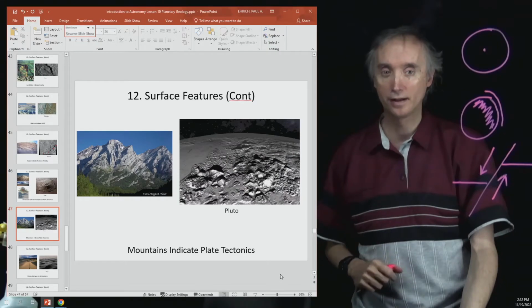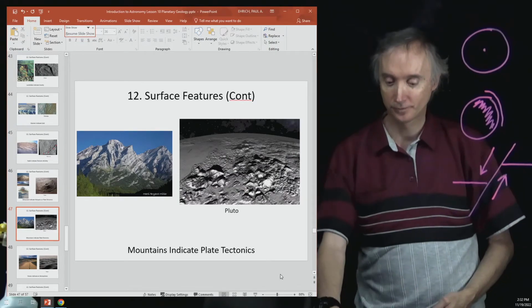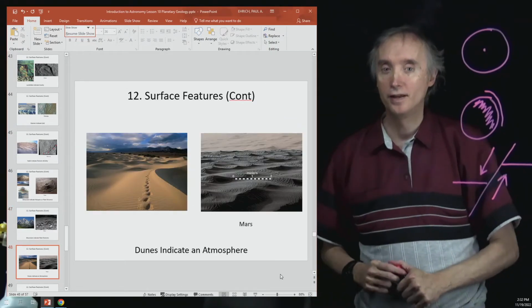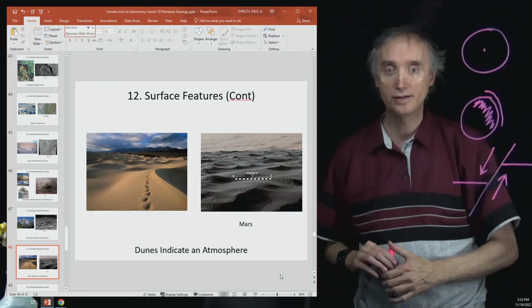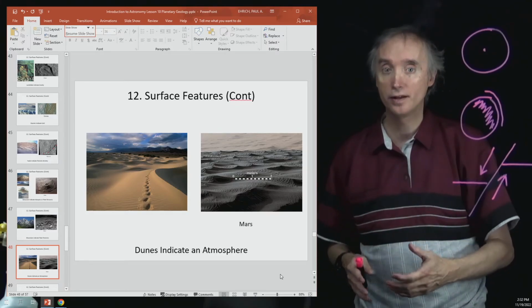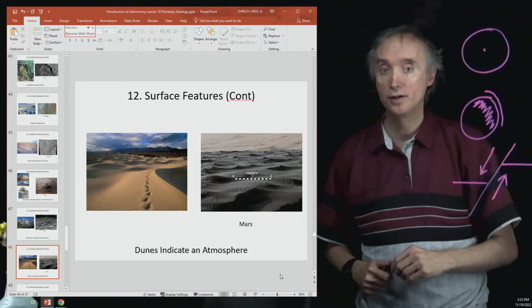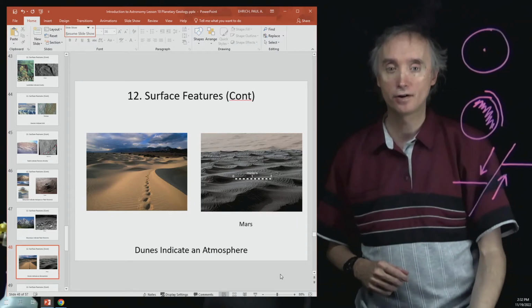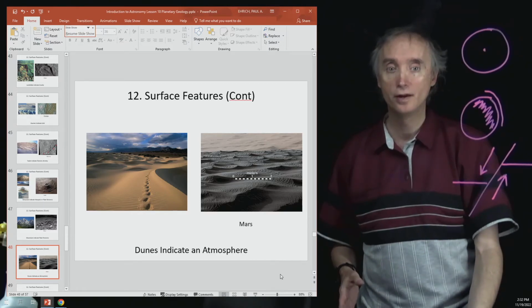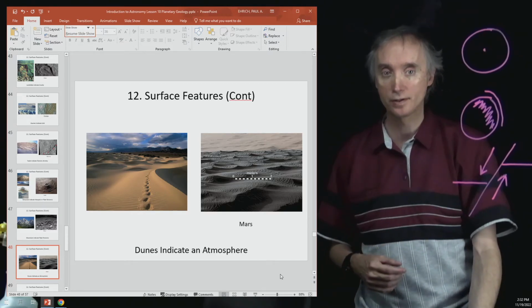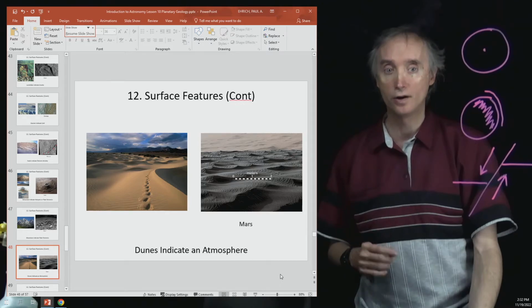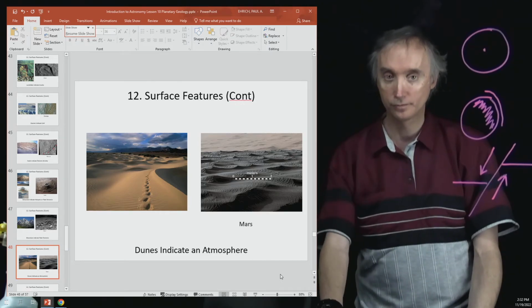We'll come back to that later. Then sand dunes. Anytime that you see dunes, that indicates there's wind activity in order to make it. On the left-hand side are some sand dunes on Earth, and then on the right-hand side are some examples of dunes on the planet Mars.